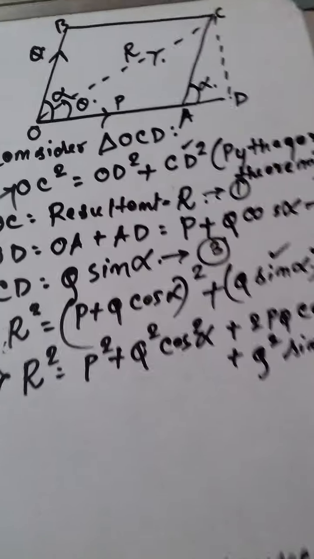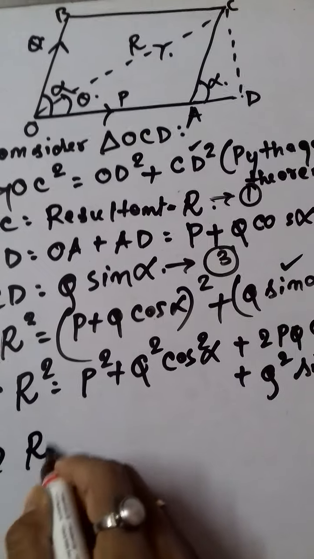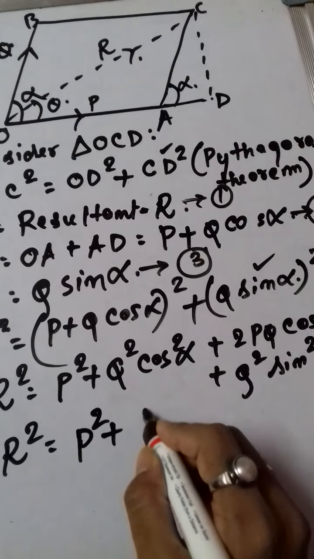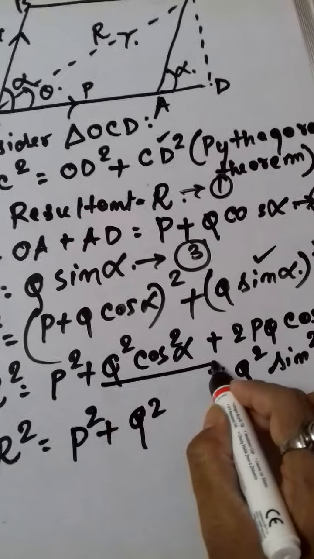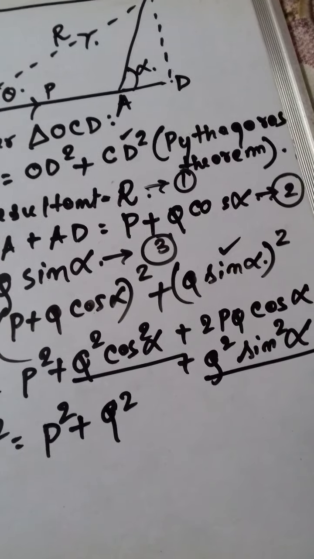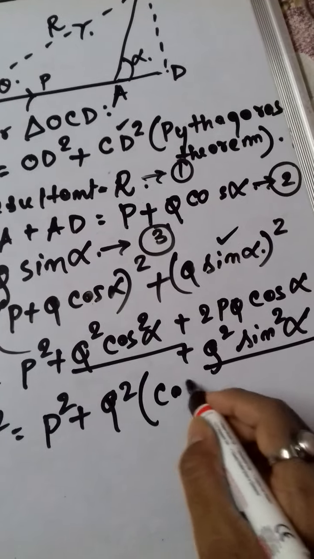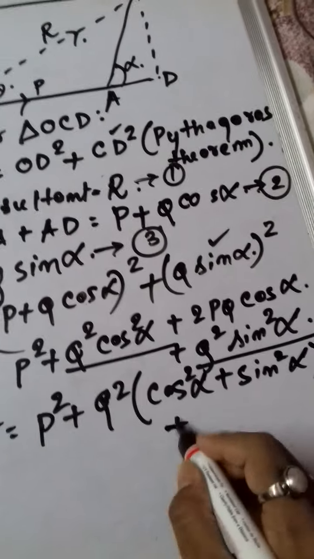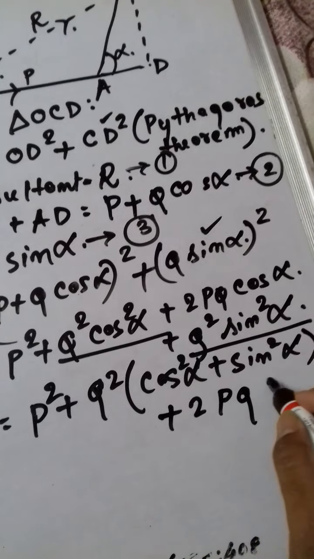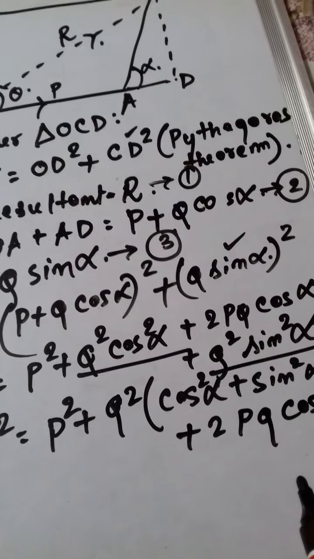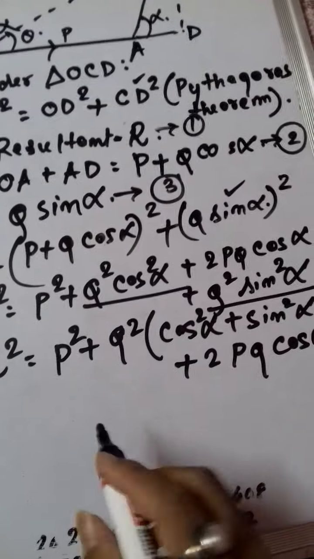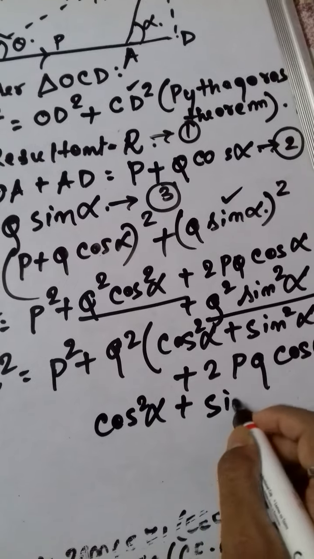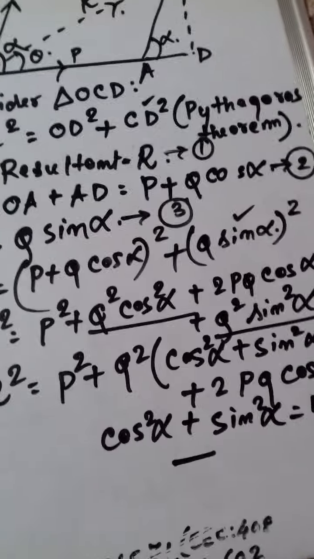Now R square should be equal to P square plus Q square. So see, from this Q square cos square alpha and this Q square sin square alpha, you take Q square common, that is cos square alpha plus sin square alpha, plus 2PQ cos alpha, right? Now we know that cos square alpha plus sin square alpha is equal to 1.